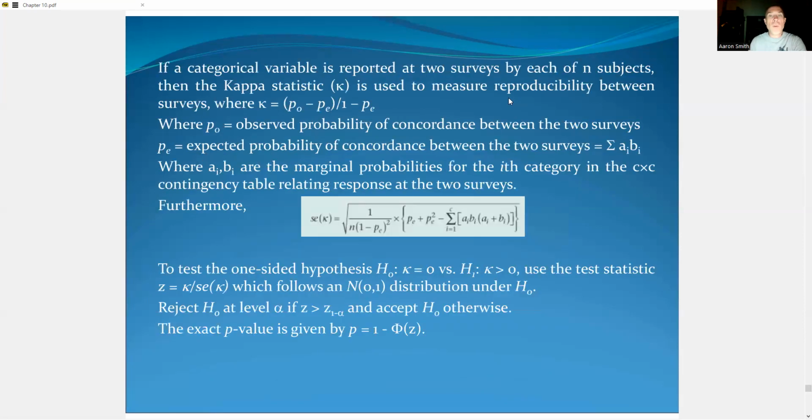We take the observed probability minus the expected probability, divided by 1 minus the expected probability. And then here's our standard error. We'll get our test statistic from this, which will be approximately standard normal. And then we use that to get a p-value to reach a conclusion on my hypothesis test.